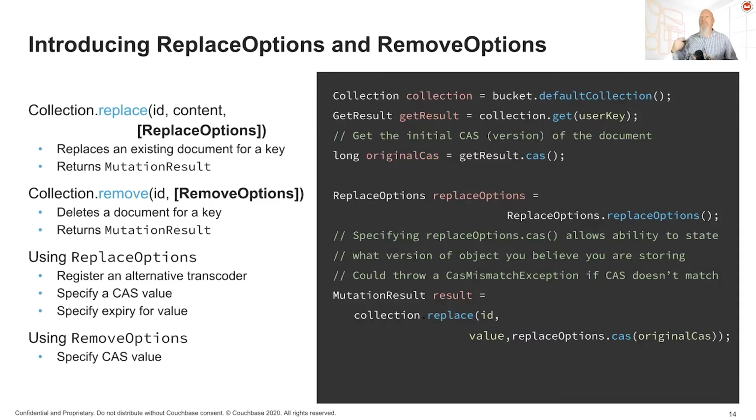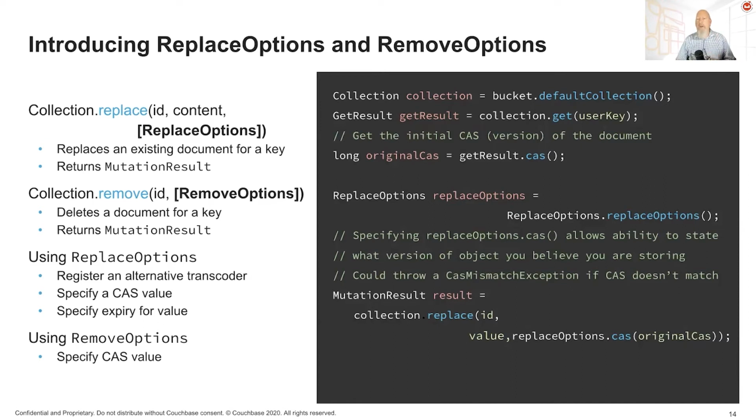And if it turns out that the CAS value does not match the one that's stored in the document, that means somebody's changed it and we would throw the exception. And so this is where the SDK would actually throw the CAS mismatch exception. Okay, so the thing to understand is replace options and remove options both have the ability to supply a CAS.